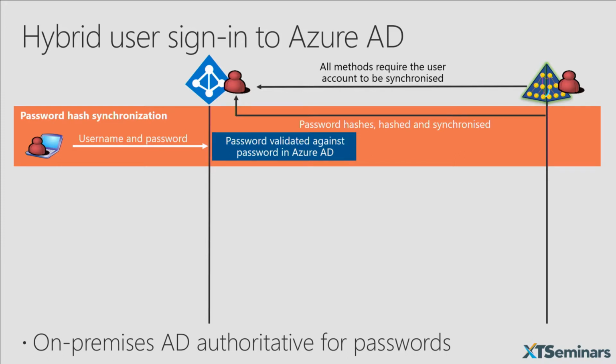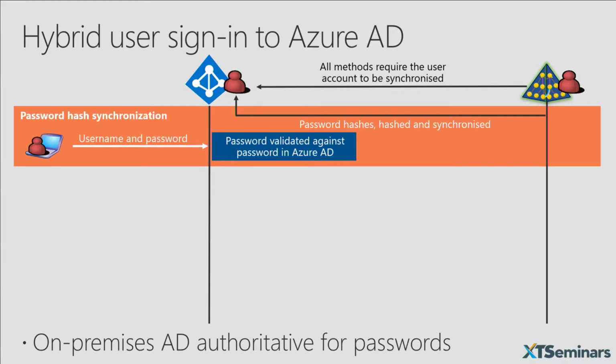And chief security officers threw their hands up in horror and said, no way are you syncing my passwords up into the cloud. And it was in the days of where a password filter DLL was used for lots of things, and people thought it was exactly the same thing. You'd have a password filter DLL, captured the password change on-prem in the clear, and synchronized it up. The reality was, it is something totally different.